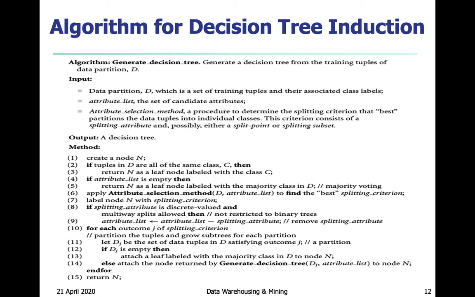This involves converting node n into a leaf and labeling it with the most common class in D. The third condition is that there are no tuples for a given branch, that is, a partition Dj is empty. In this case, a leaf is created with the majority class in D. And then last, it returns the decision tree.